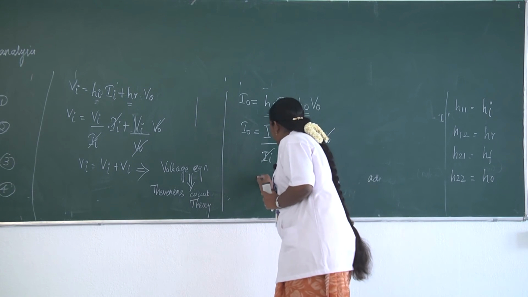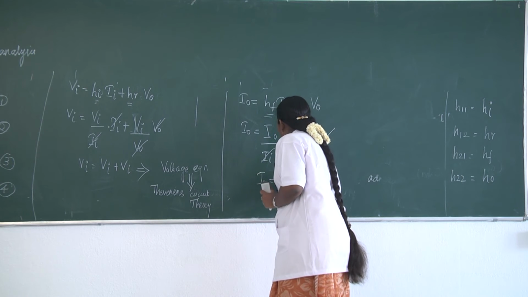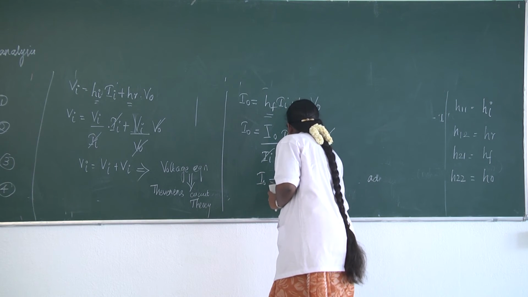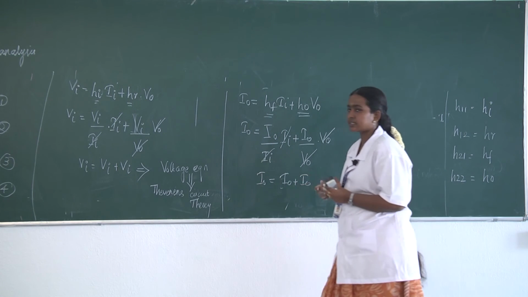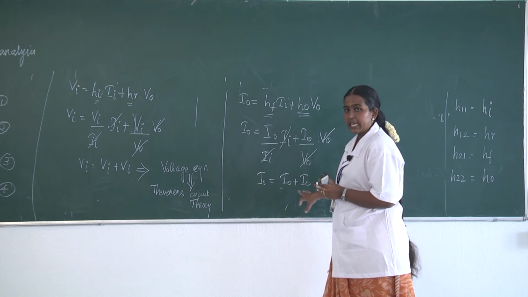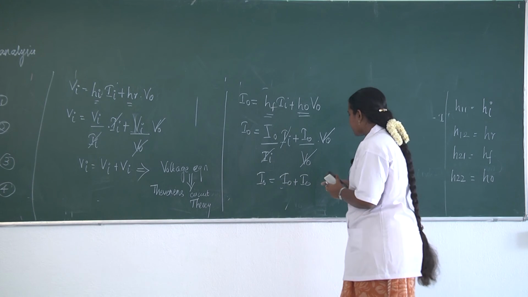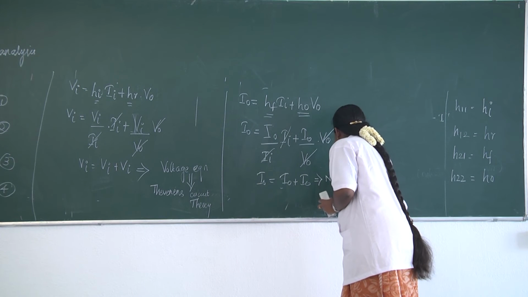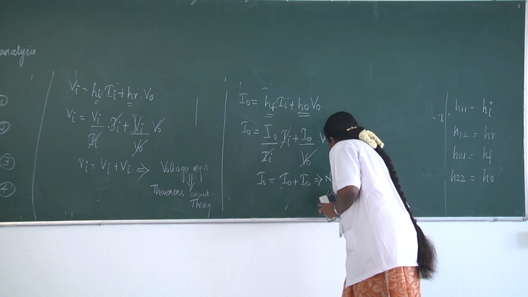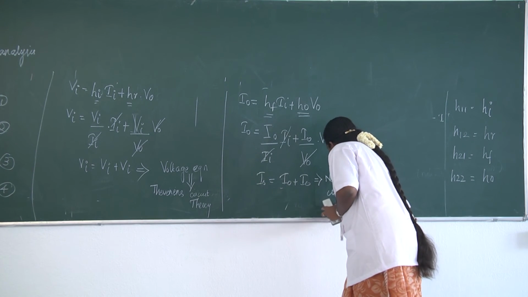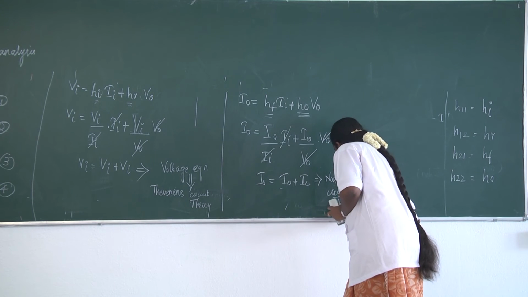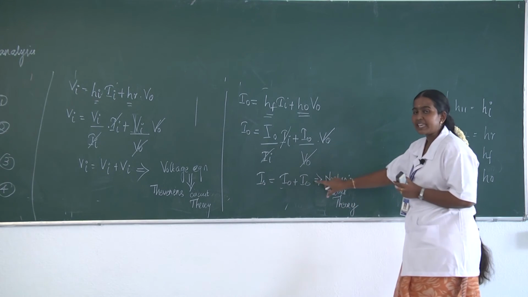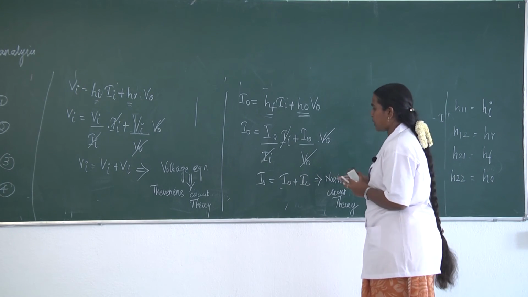Automatically I have the equation as I0 is equal to I0 plus I0. This shows that this entire equation is in the form of a current, so I can utilize Norton circuit theory in order to draw the equivalent circuit for this particular equation.